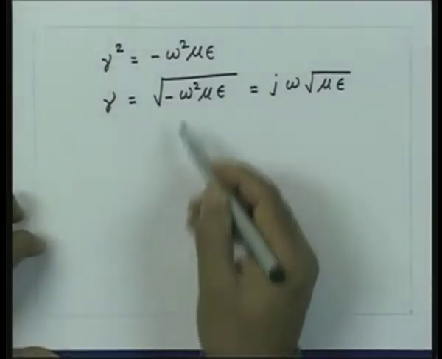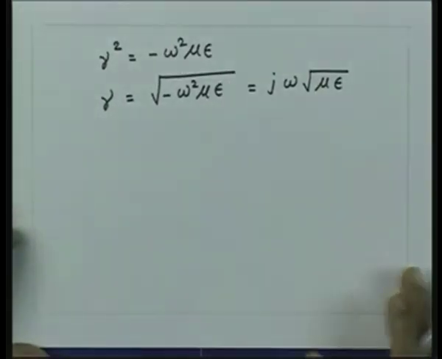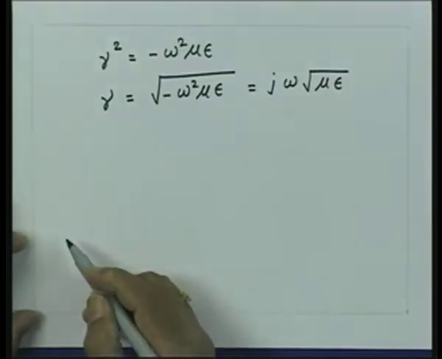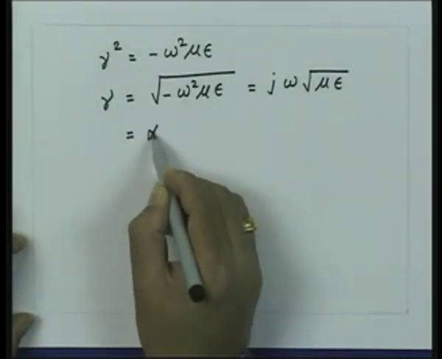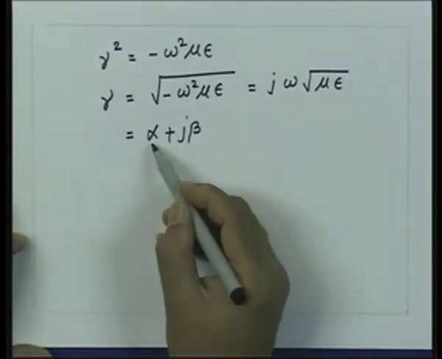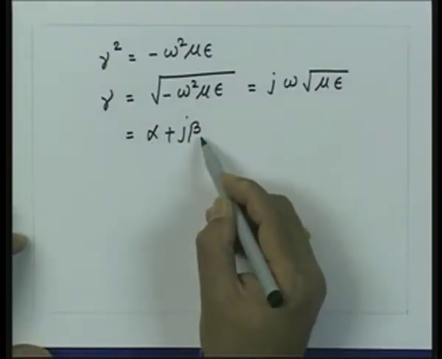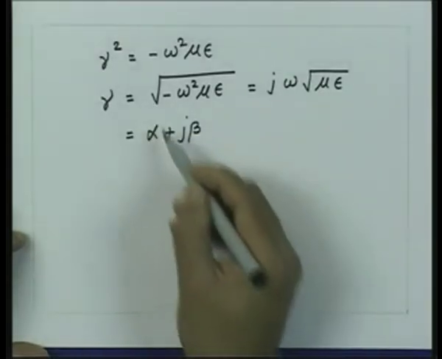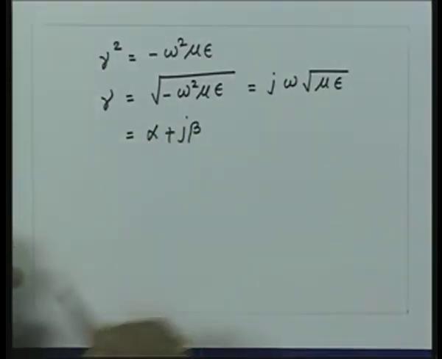If I go by the way the parameters for gamma were defined, gamma was nothing but alpha plus j beta, where alpha was the attenuation constant and beta was the phase constant. I can follow the same notation here.